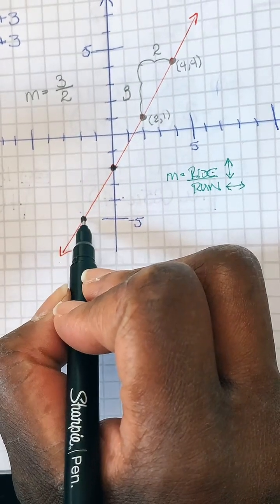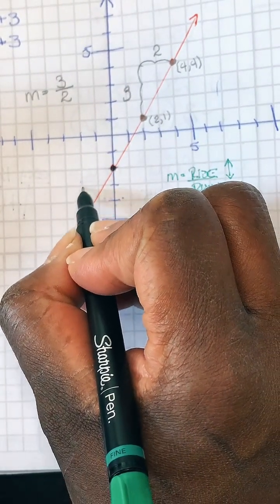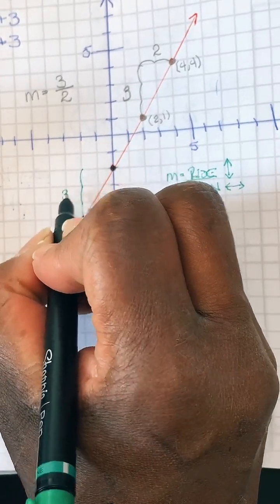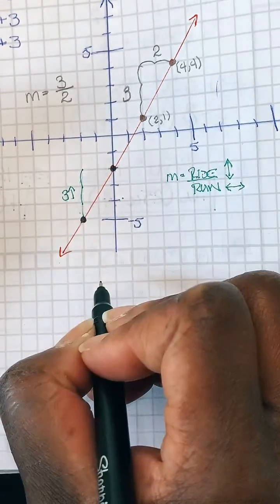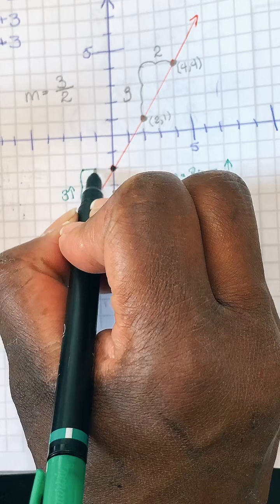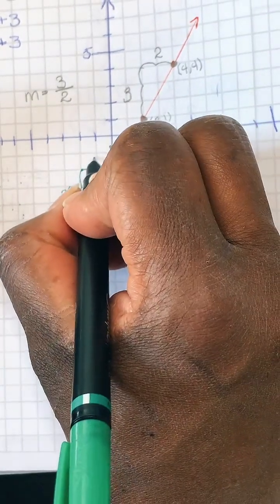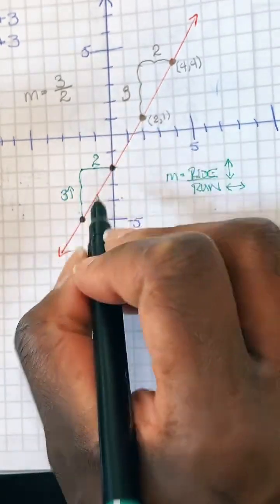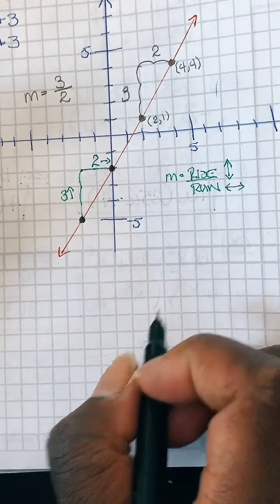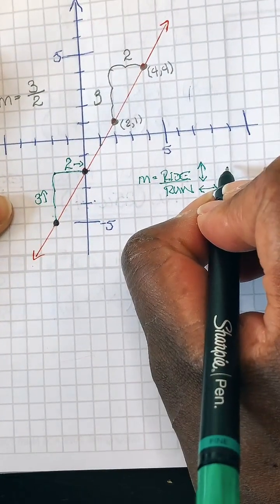If I'm starting here, I go up 1, 2, 3 blocks. So I'm going up 3 blocks, that's a positive 3. Now I make a right turn and go over 1, 2 blocks to get to my friend's house. Since I went to the right 2 blocks, that's a positive 2. So my rise was 3.